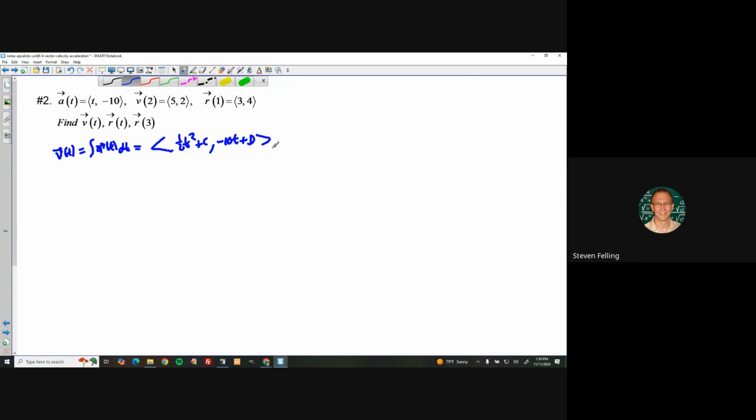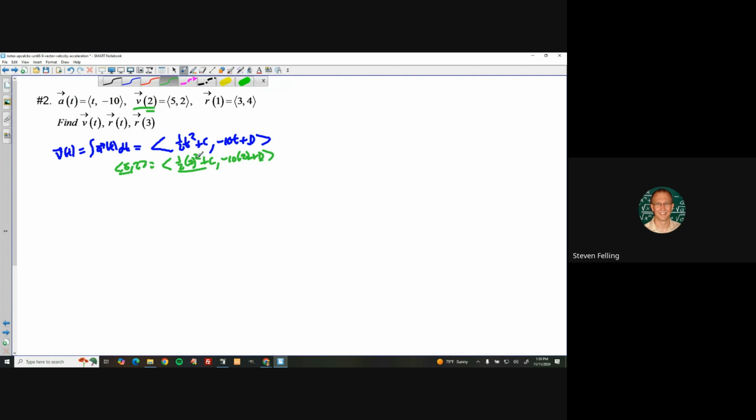Okay. And then to establish the integration constant, I have to have a known velocity vector at a known time. So if this velocity vector has to be 5, 2, when the time is 2, that means I can plug in a 2 here, plus c, negative 10 times 2 plus d. And that means that the x component here has to match that.